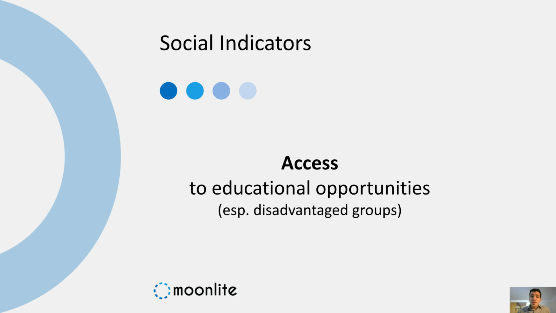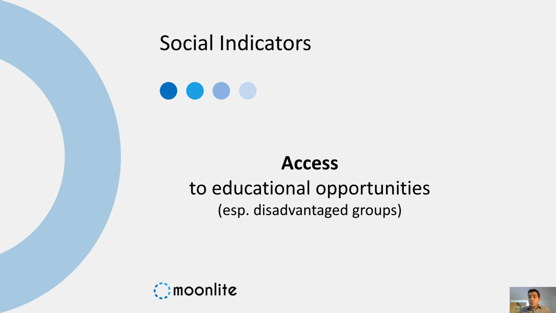So thus, the number one and most important social indicator to consider is: is your MOOC providing increased access to educational opportunities? And by saying increased access, we mean is it offering opportunities which did not exist to people who did not have access to them. So therefore, there's a very, very strong emphasis here on disadvantaged groups.